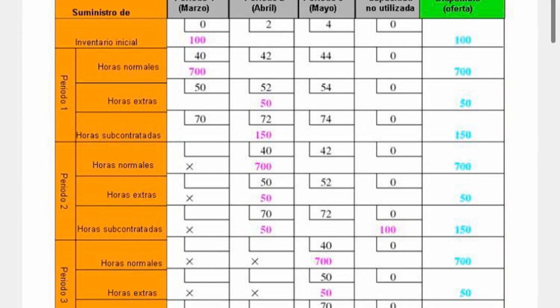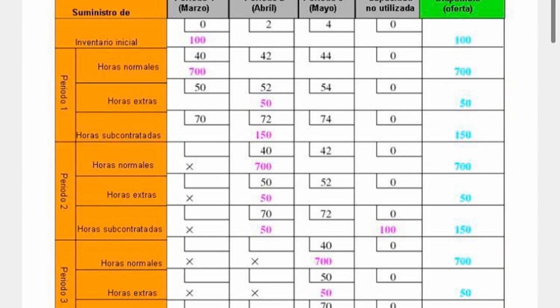Moving in a row from left to right, the costs of normal working hours, overtime, and outsourcing are lower when the production is used in the same period in which it is manufactured. If merchandise is manufactured in one period and stored until the next, inventory costs are incurred.